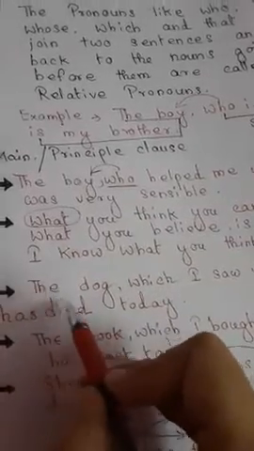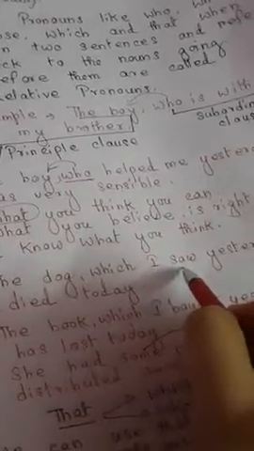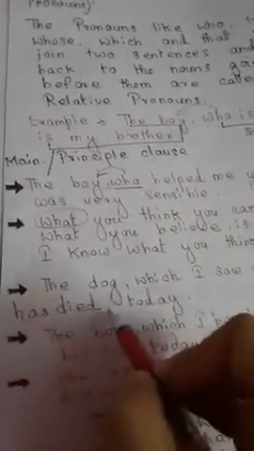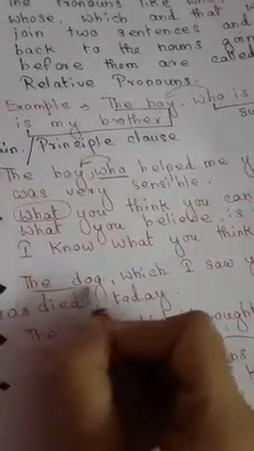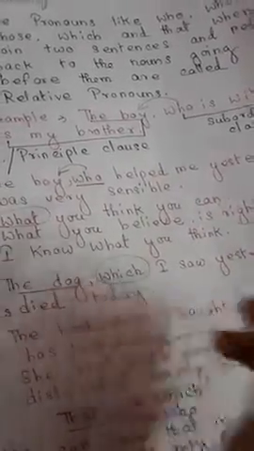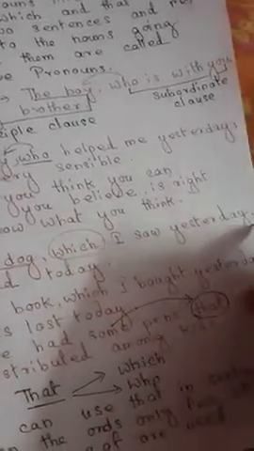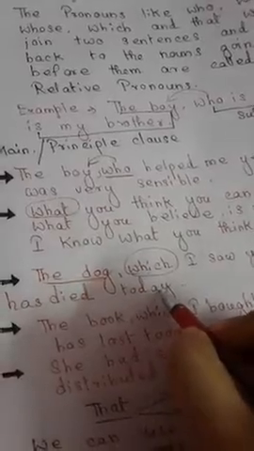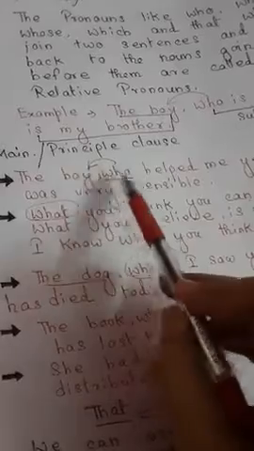Next, the dog which I saw yesterday has died today. The dog which is the relative pronoun. So in case of person, we will use who.